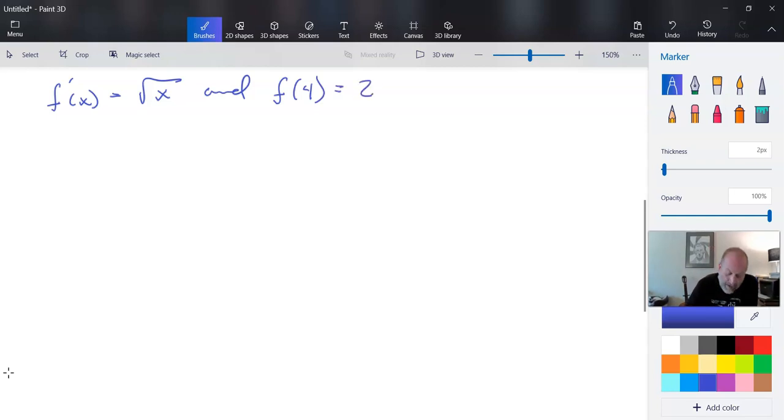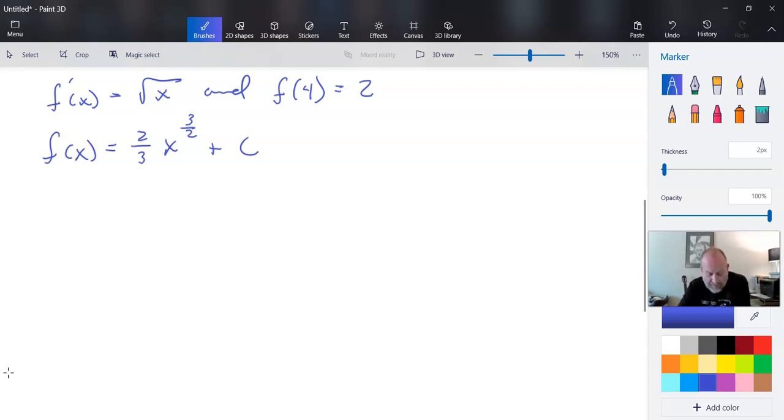Now, we already walked through finding the original function from this derivative, and what we ended up with was that f of x is equal to 2/3 x to the 3/2, plus a constant.